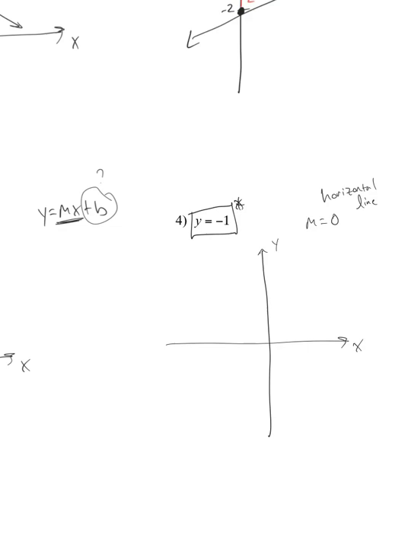Okay, the y-intercept here would be -1. So if you're graphing this, the y-intercept at -1, because this is just going to be the horizontal line through -1. Maybe I should have used another color because that's really close to my x-axis. There, that's my line in red.